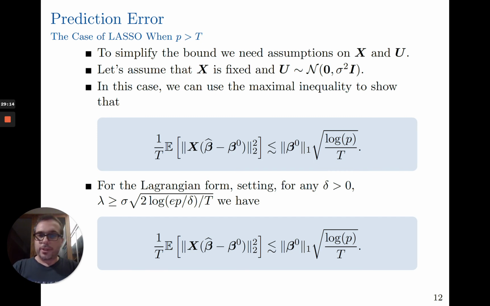So if we put a bound on lambda, that's log p divided by t. E is just the exponential of 1, and delta is a small number. We achieve exactly the same bound. The constants will be different, but the bounds are the same.